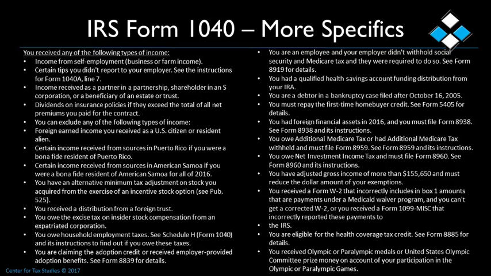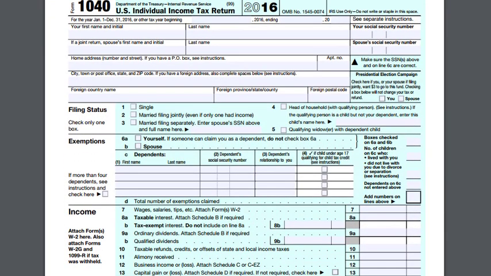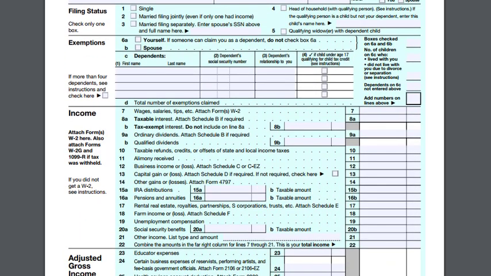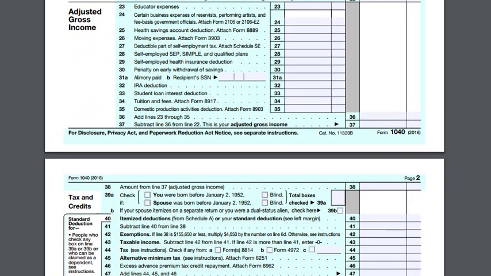Now you know when you have to file a 1040, and let's just look at the 1040 for a second. As you can see here, there's more information that you must include. You can take a dependent or multiple dependents. You also, if you file separately or you are head of household, here you must file the 1040. Your income options are much more diverse, and your deductions are much more diverse as well.